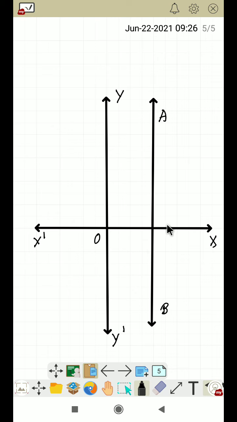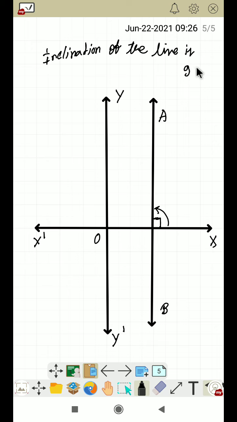So you have to find the angle from the positive direction of the x-axis, that means this angle. You can see that this is a 90-degree angle. So the inclination of the line is 90 degrees.